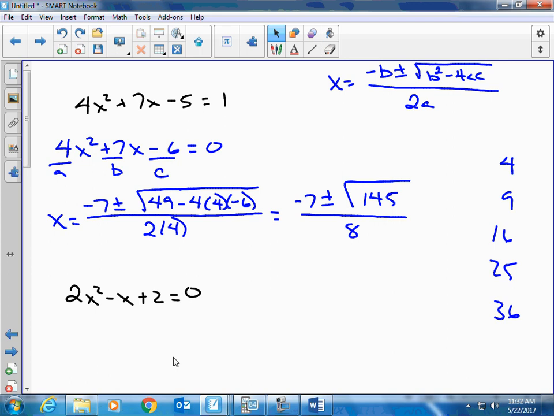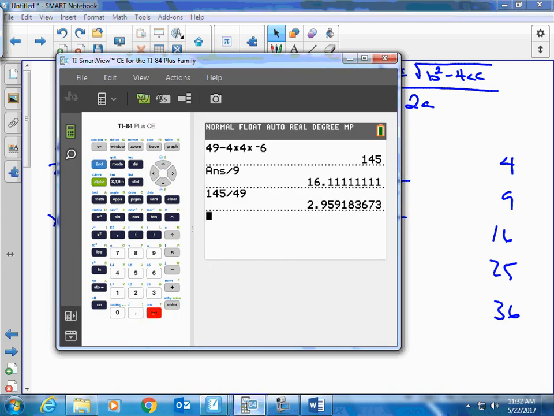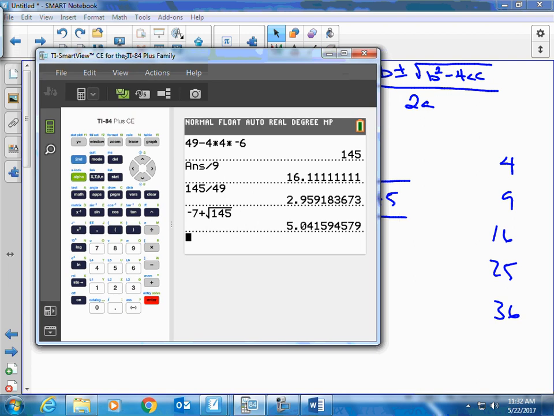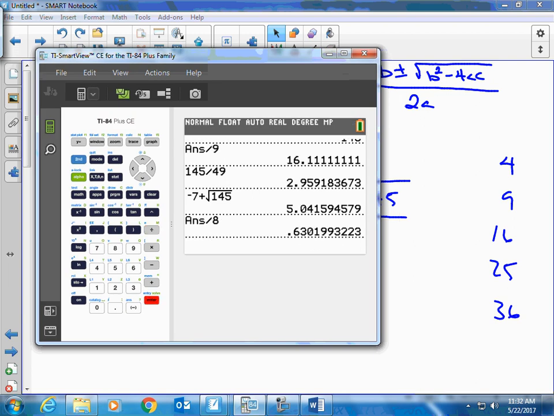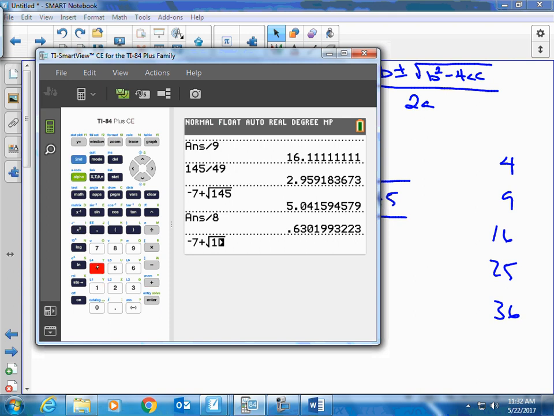If your question asked you to write it rounded to the nearest hundredth, I would grab my calculator. I'd go negative 7 plus the square root of 145 equals, don't forget the equals, or put parentheses, one of the two, divided by 8. Notice, that is different than negative 7 plus the square root of 145 divided by 8.